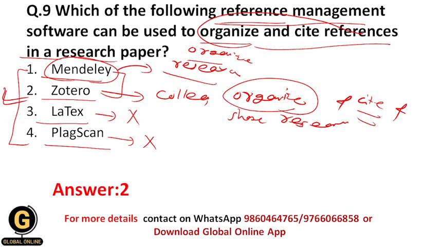Though Mendeley is also a reference management software, here they have precisely asked about the organize and cite references in a research paper functioning, which is basically available in Zotero reference management software. Though both are the same kinds of software, their functioning is somehow different. Okay, that's why here your correct answer should be Zotero.